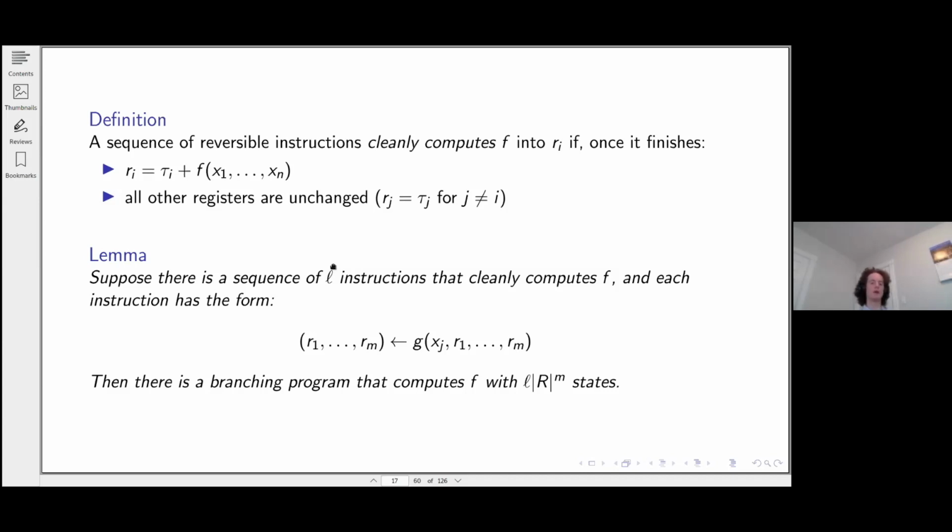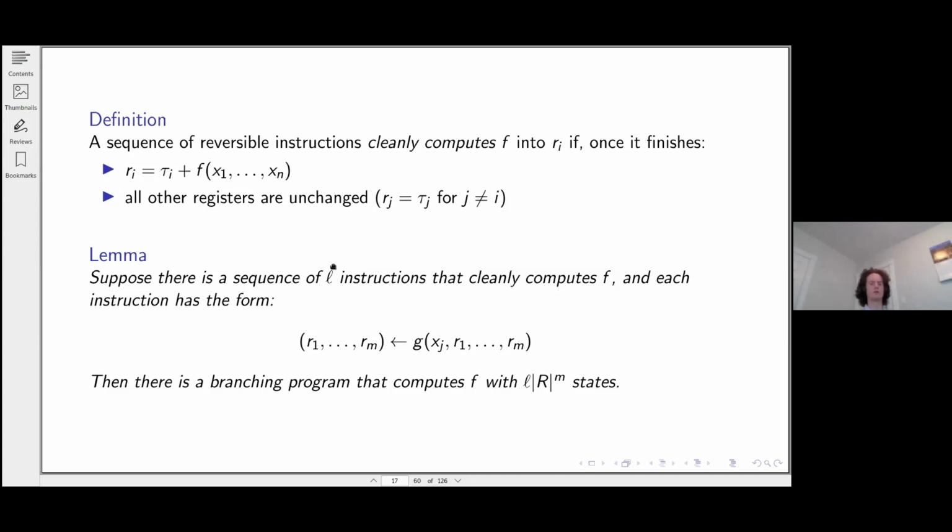So if we have this sequence of instructions, we end up with a branching program using L times the size of the ring to the power m states. And the way that works is that each of the L instructions turns into a layer in the branching program. Each layer is going to remember the values stored in all of the registers. So there are size of the ring to the power m possible configurations that those m registers can be in.